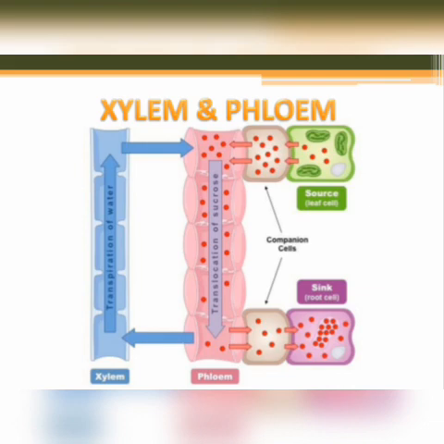To the left, in blue color, is the structure of xylem, where the blue arrow line indicates the transpiration of water, as it is shown that the water is moving upwards.